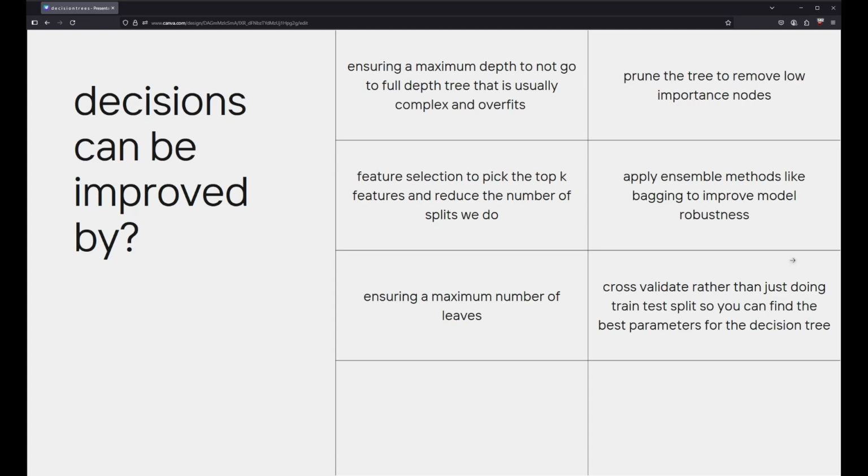And also ensuring a maximum number of leaves is basically just limiting the number of leaves that we have. So this can also directly influence the depth because obviously, let's say when you do BFS, right, or DFS, if you have fewer leaves, that's obviously going to influence your depth.